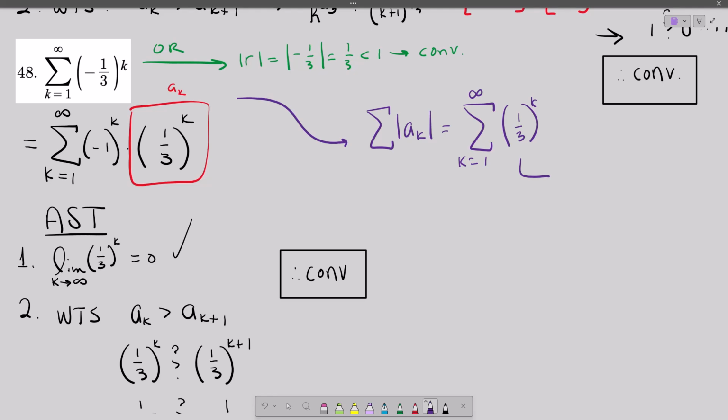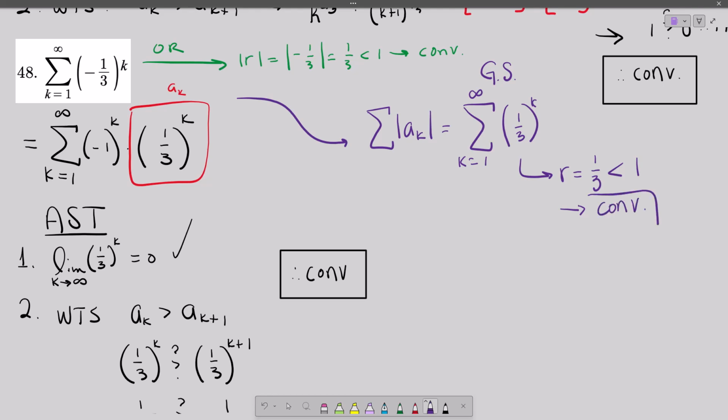And the way I know it's a geometric series is that you identify r, the common ratio. You have to identify r if you have a geometric series. And r less than 1 means convergence.